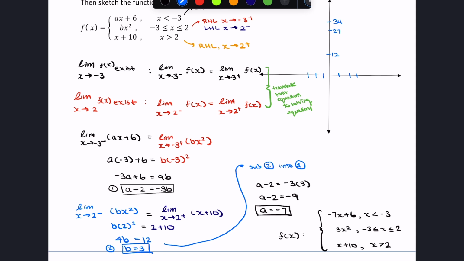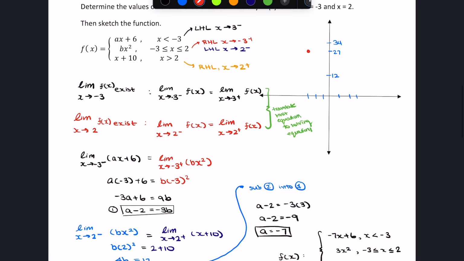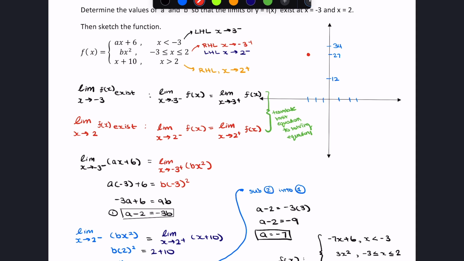And so we have a couple of points. When x is less than -3, you sub in -3 into that equation and you'll get a value of 27. It'll be right here, and that'll be a linear line that extends up.